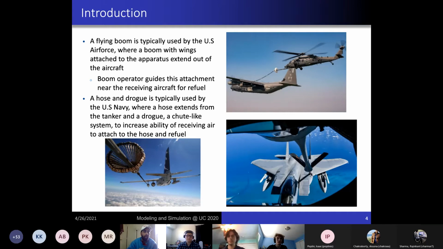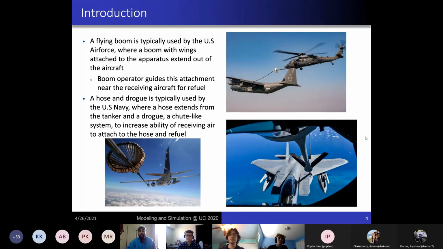So they used a flying boom, where a boom operator lowers a boom from the body or the wing of the aircraft, and the receiving aircraft sort of ushers itself into the boom, and the aerial refueling occurs there. Conversely, the alternative method that Lockheed mentioned that the U.S. Navy typically uses, and what we used here, was the hose and drogue system, where a hose extends from the aircraft, and a chute-like system is also extended so the aircraft can refuel.